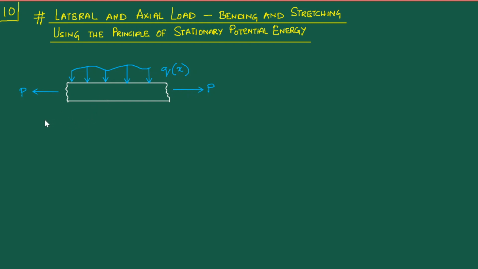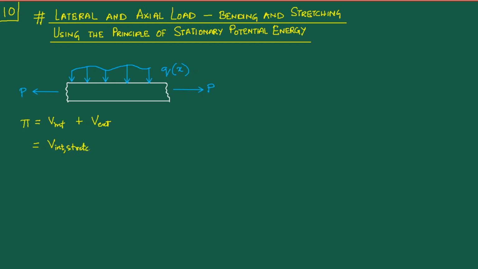So going forward, what we are going to do here is first of all write down the total potential energy pi, which we understand to be composed of the contributions from the internal potential energy and the external potential energy.